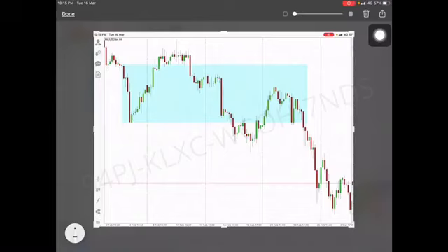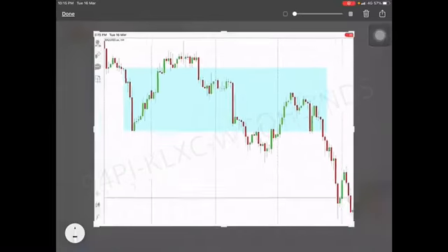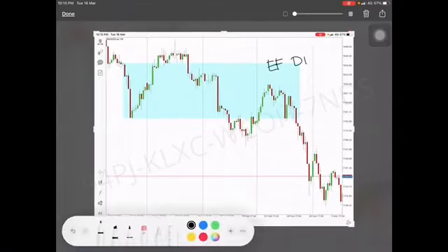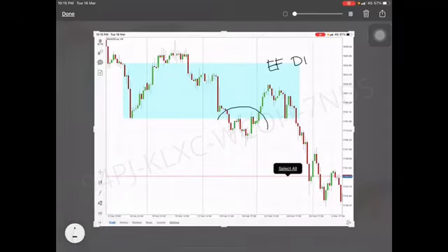This is the area. So let's say you marked the EF zone. This is the daily EF zone. So what is this? Is this a sideways pullback?